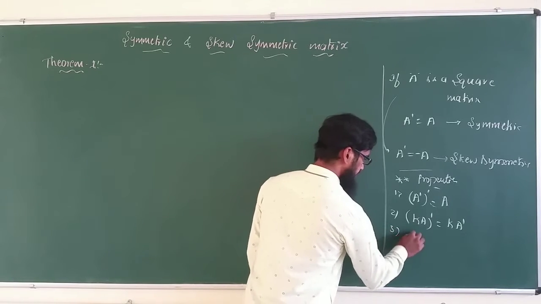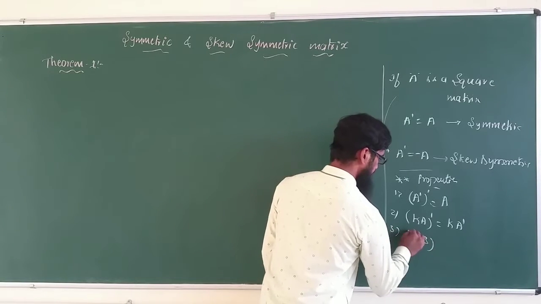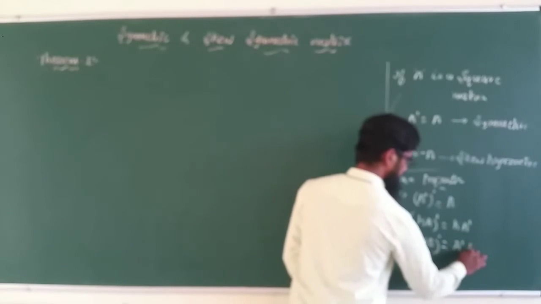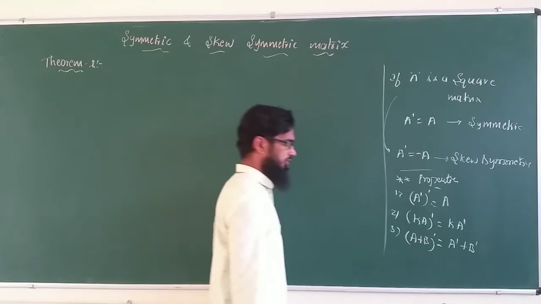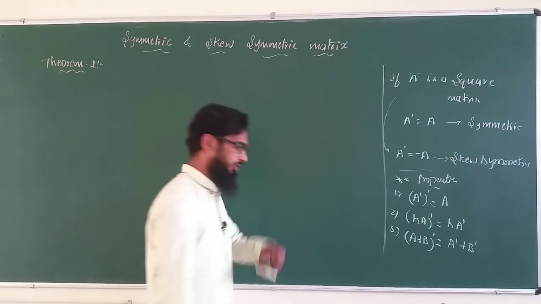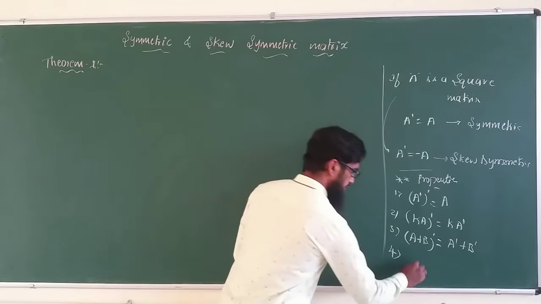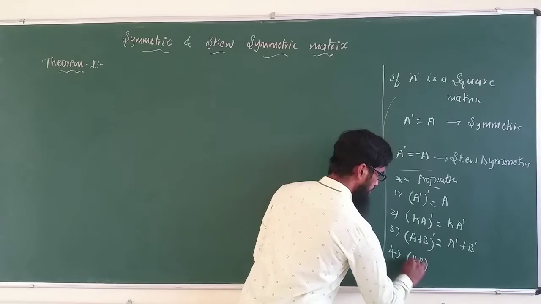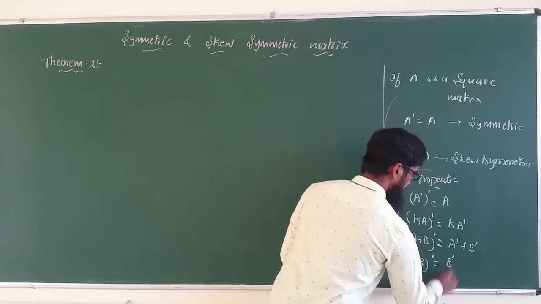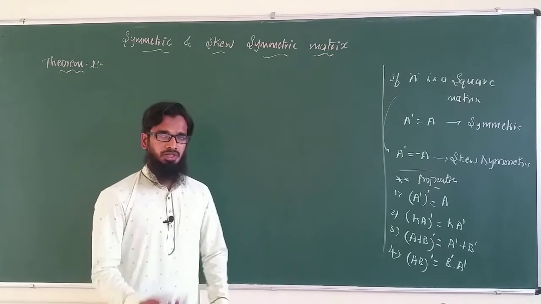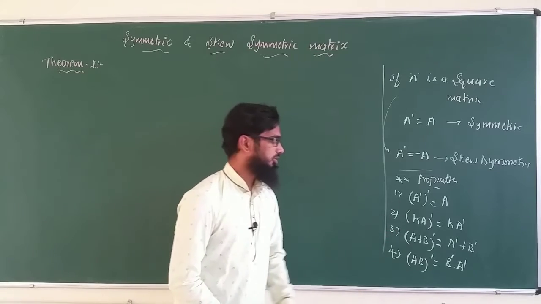The third is that A plus B whole transpose is A transpose plus B transpose. This is a very important property. The fourth and last property is that A into B whole transpose is equal to B transpose into A transpose. These are the basic properties.